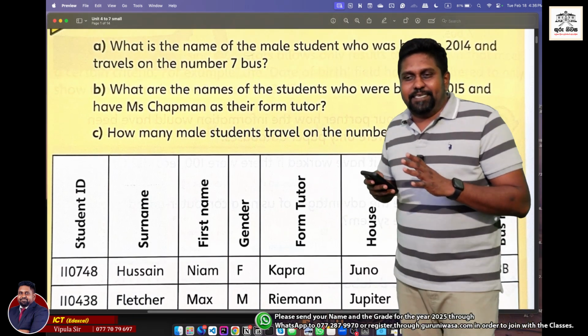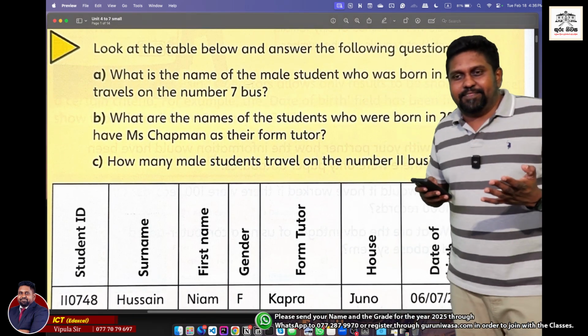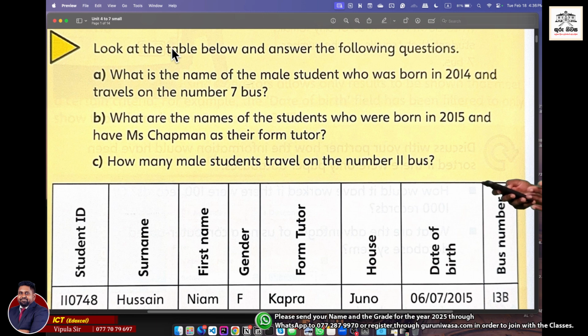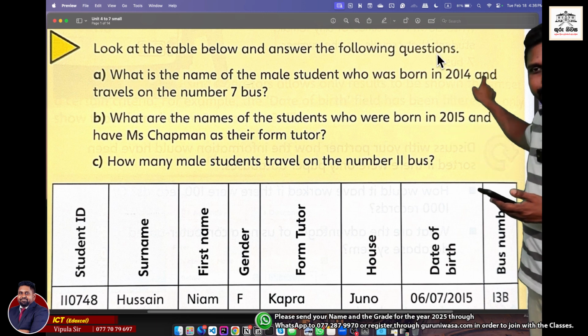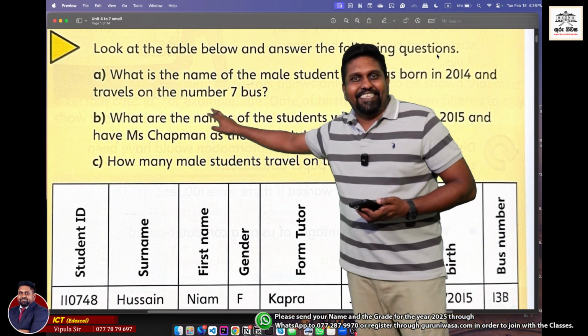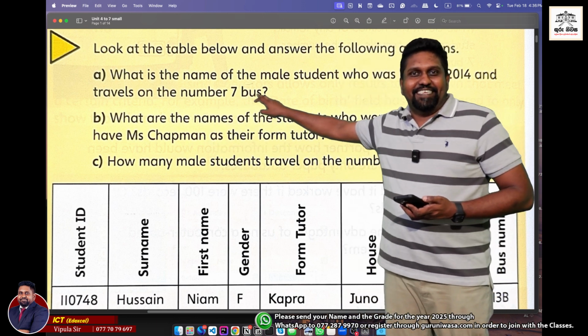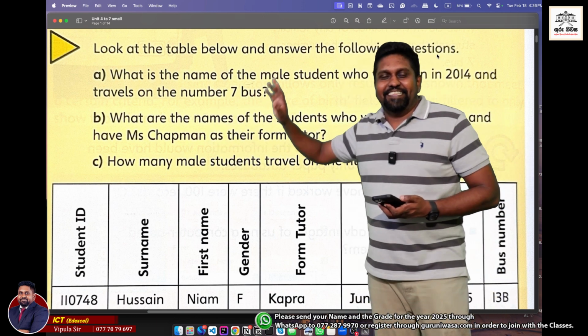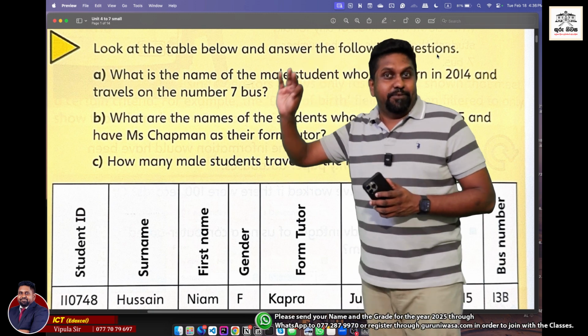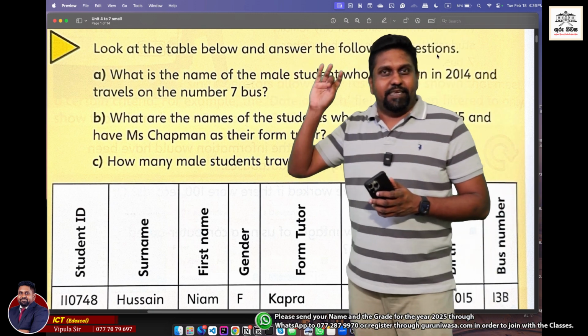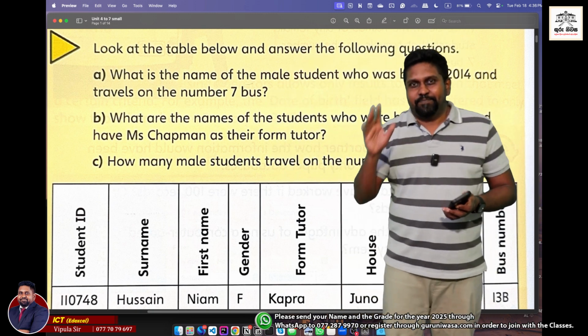The last condition is that the student travels on the bus number 7. So that means male, born in 2014, and traveling on the bus number 7.